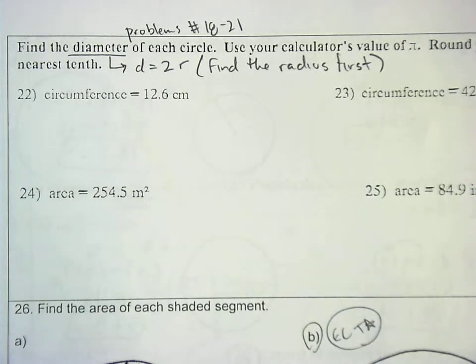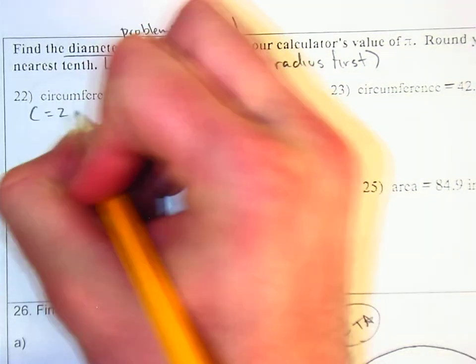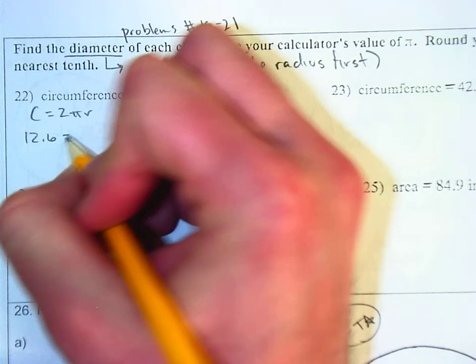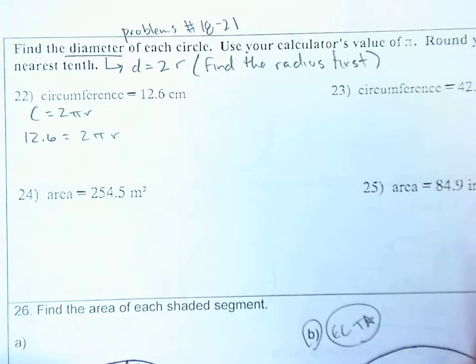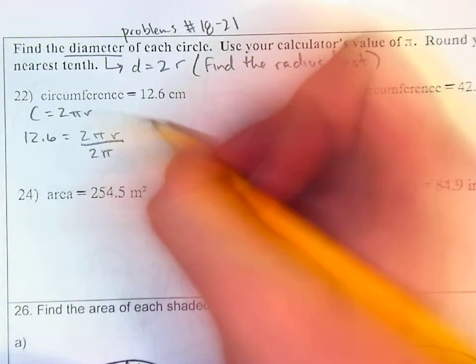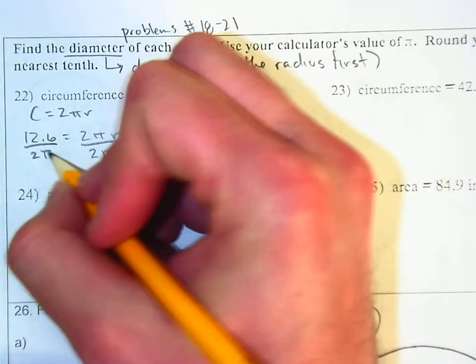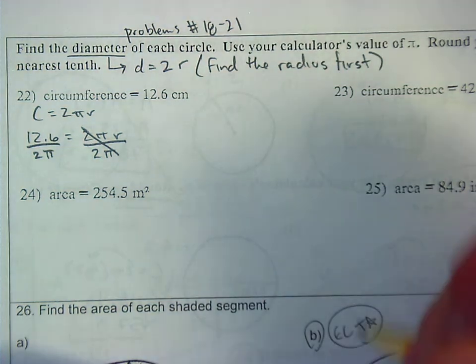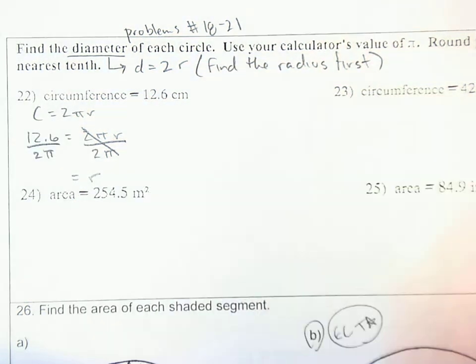All right, so we know that our circumference is 2 pi r. And if the circumference is 12.6, we can just plug it in. Just like numbers 18 through 21, we're dividing by 2 pi to cancel out that 2 pi.